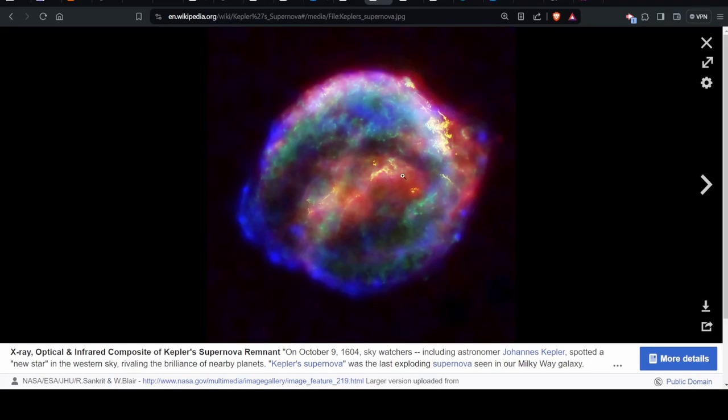This is the Kepler supernova remnant, what happened in our Milky Way. And the picture here is X-ray, optical, and infrared. So again, you take a picture of this object in all these different wavelengths, and you put them all together to get pictures like this.